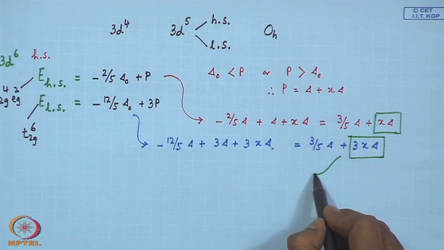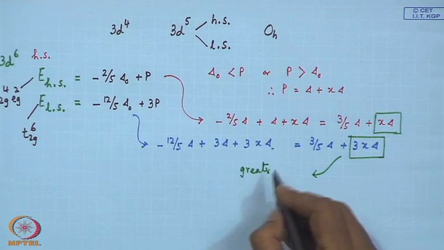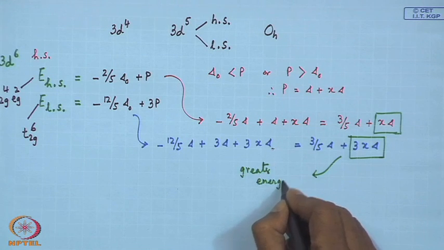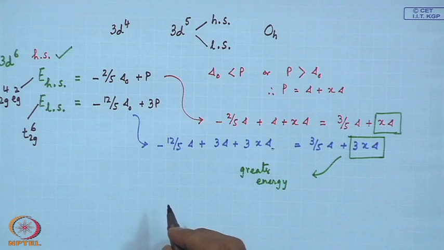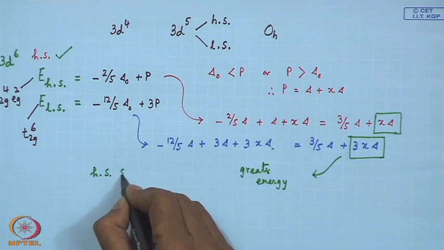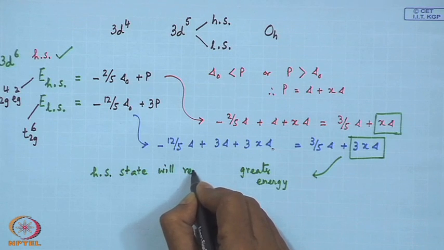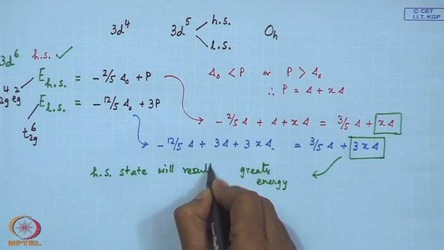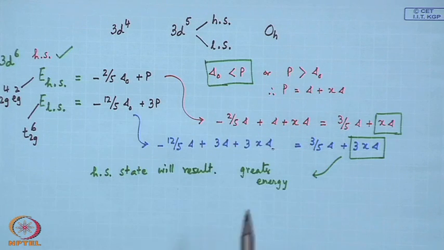So the low spin can be considered as having greater energy. Since it has greater energy, we get the high spin state. So, 3d6 will result in a high spin state. If the condition is that delta O is less than P, we definitely have the high spin state.